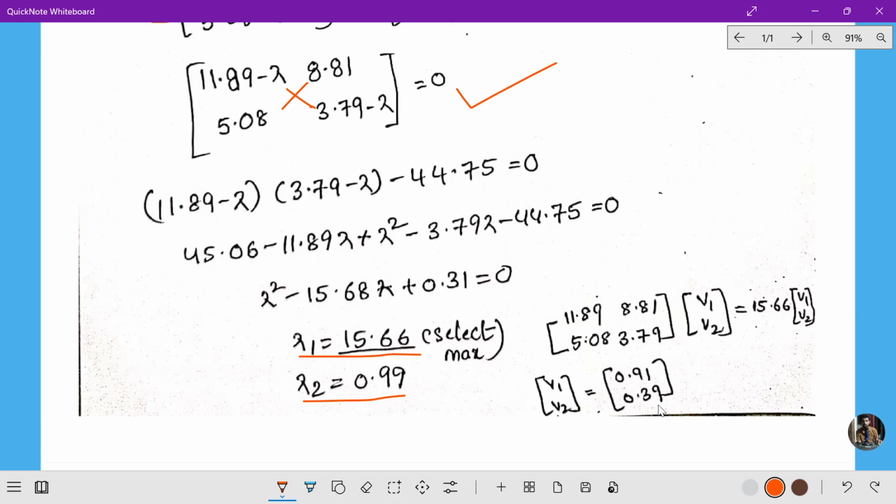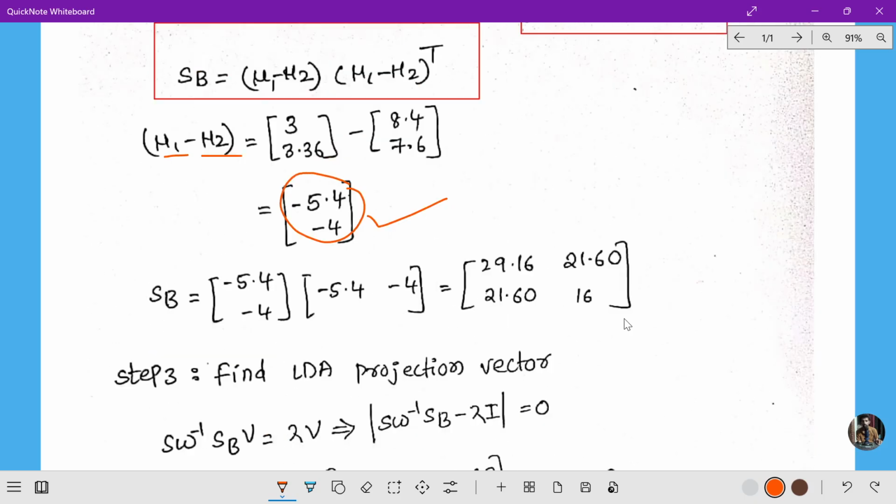So remember, here we have 11.89 and 5.08, then 8.81 and 3.79.